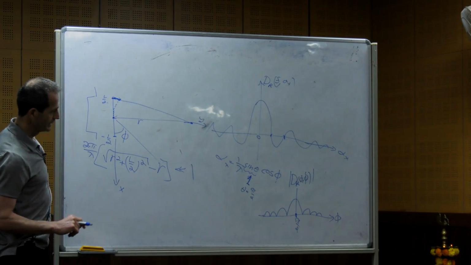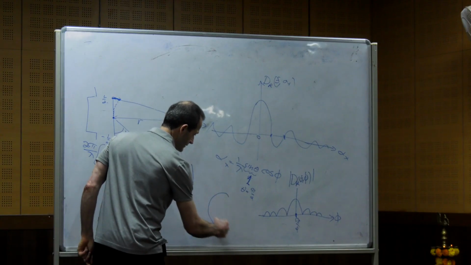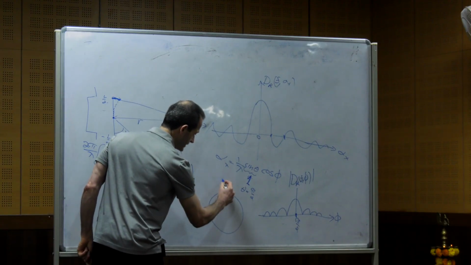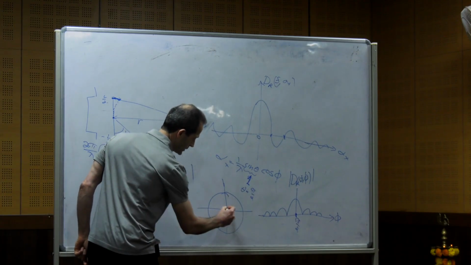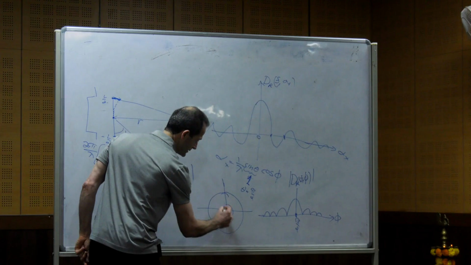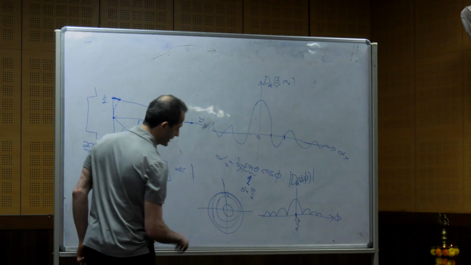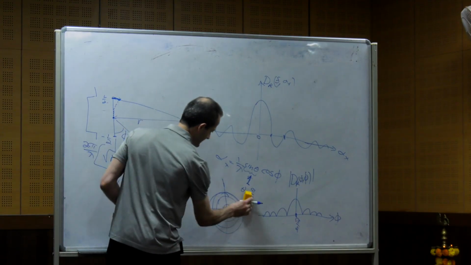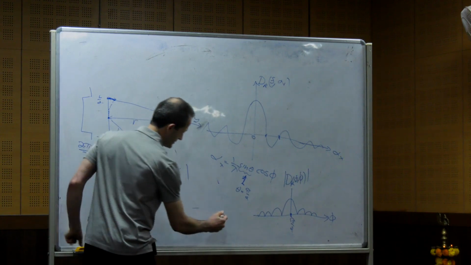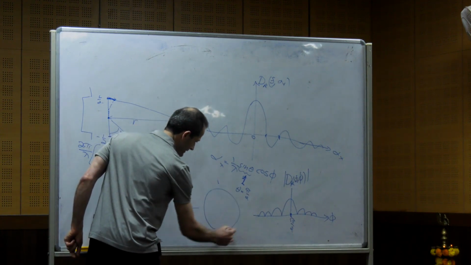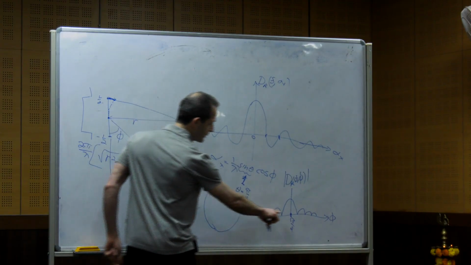Okay? So we can plot the directivity in a polar plot something like this, with certain circles like this. It doesn't look great. Maybe I'll just put a single circle like this. So how do we plot this?